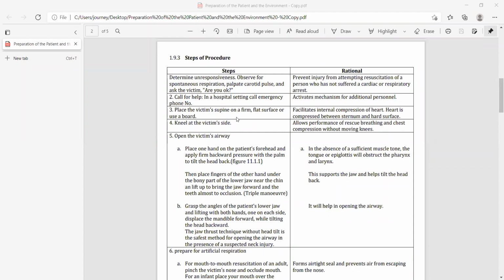Why do we need to palpate this particular pulse out of nine? Anyone? I already explained this. Can anyone explain?